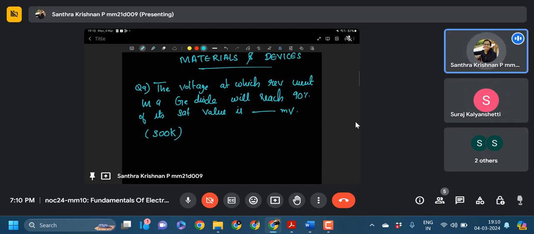If you see the formula sheet, we know that J is equal to J0 exponential (eV by kT) minus 1, right? So there instead of J, we can just write I.